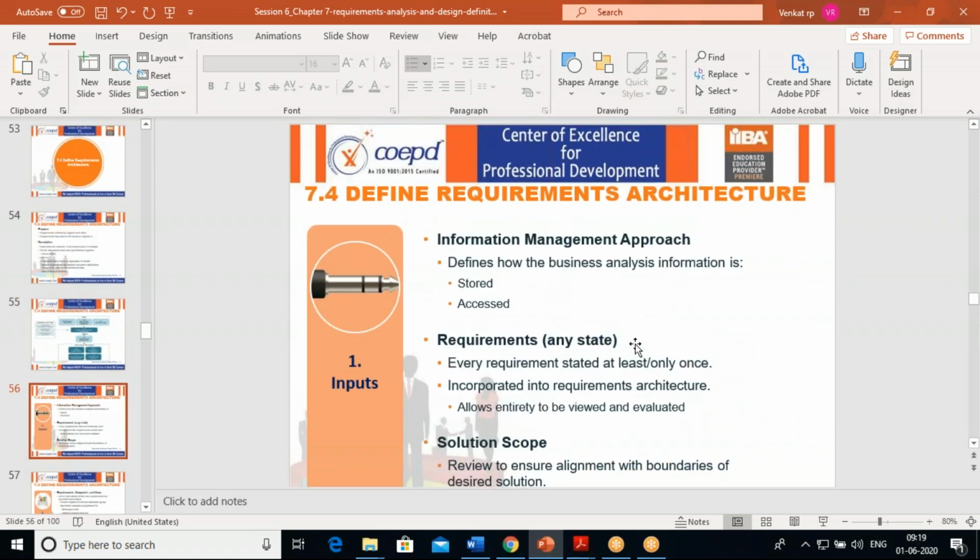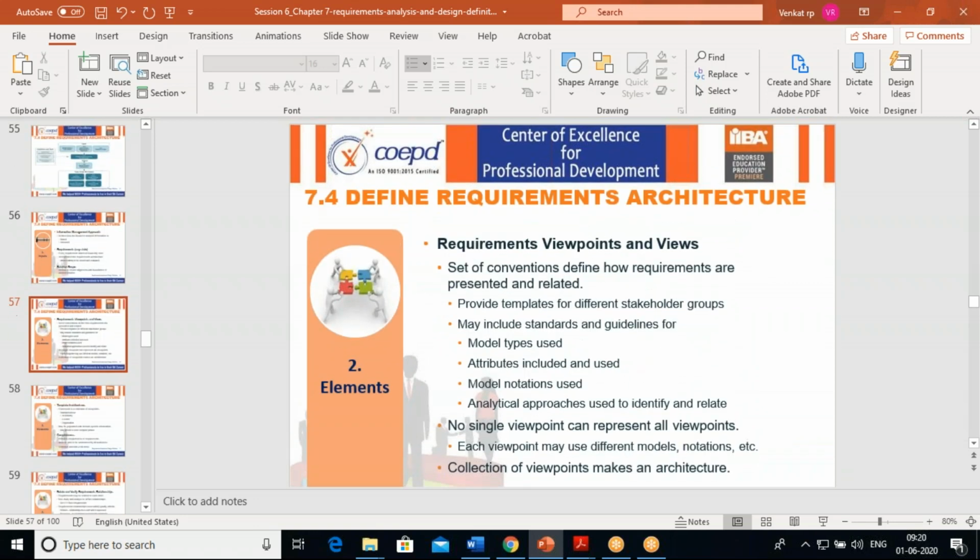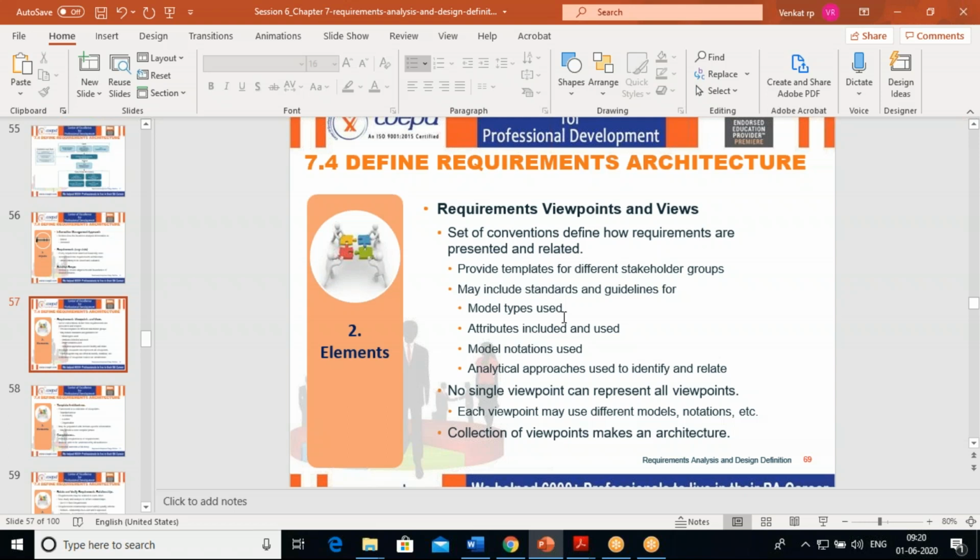If you look into the tasks, we have 5 tasks here. Number one is requirements viewpoints and views. The second one is template architectures. Third one is completeness. Fourth one is relate and verify requirements relationships. And the fifth one is requirements architecture information. So we have these 5 elements in define requirements architecture.